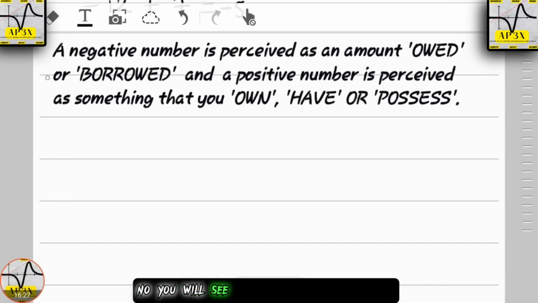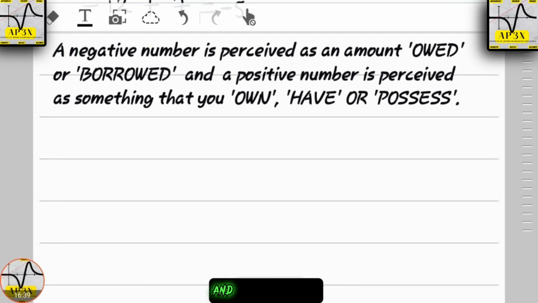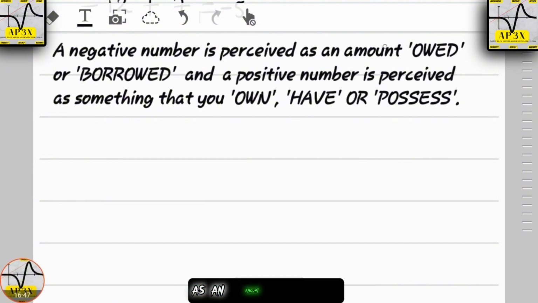Now you will see here that I placed my own definition of how to approach integers, where I've explained to you that a negative number is now, and going forward, I'm assuming that you are going to gravitate towards this method, perceived as an amount that is owed.